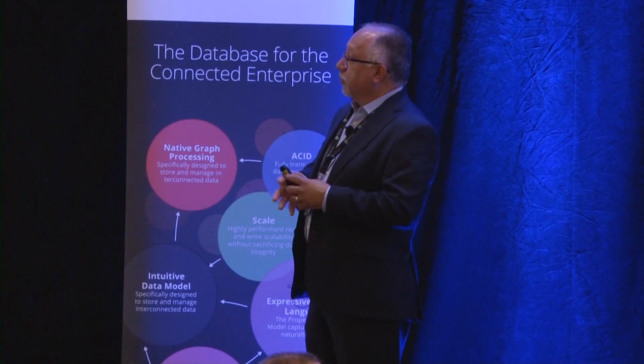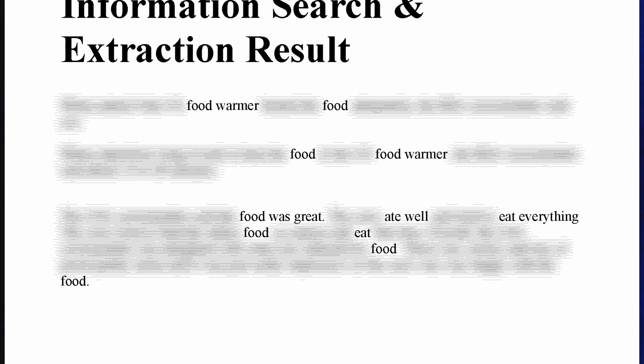As you can see, here's what the return came back. It talks about food warmer, ate well, eat everything. Not once did it capture the word nutrition in that comment. Because of the cosine similarity, we said this word is close to nutrition, and it pulls up all of these words also, all of these sentences also.